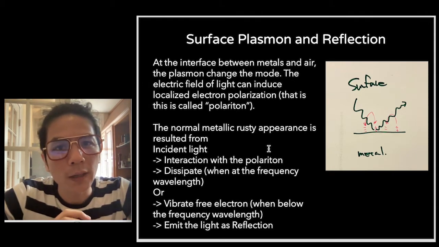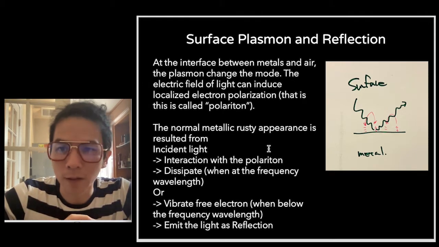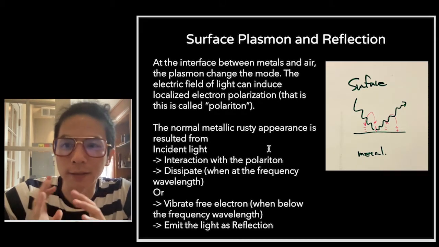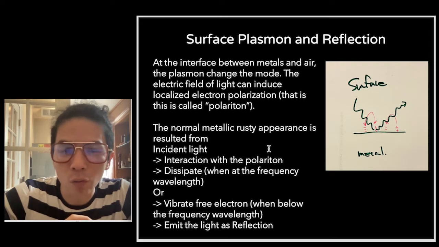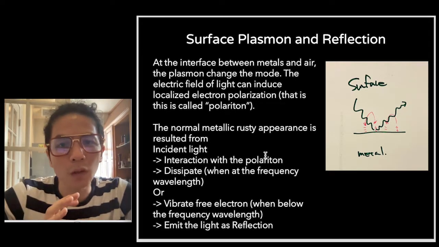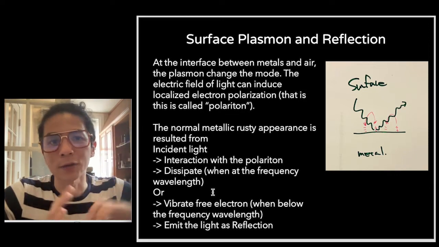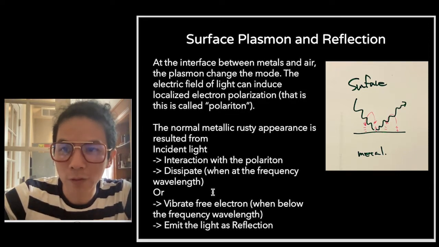So this is why the metal has a shiny appearance with a specific color, such as gold has a golden, yellowish color, because there are two events like this. This is what we call the surface polariton mode of the surface plasmon.